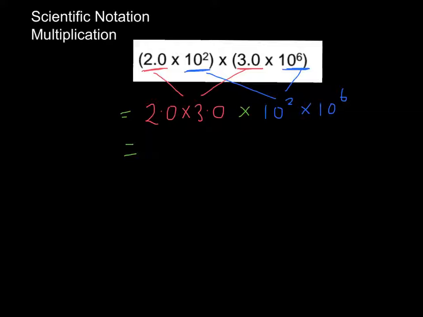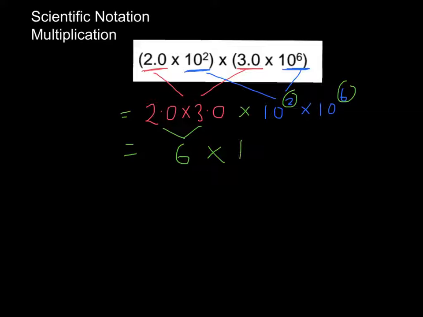Now to finalize the equation, let's multiply the 2 times the 3 on the left-hand side of the equation, giving us 6 times by, we need to go back to indices or our knowledge of index when we've got the same base. What do we do with the powers? We add the powers together. So the base will stay the same.